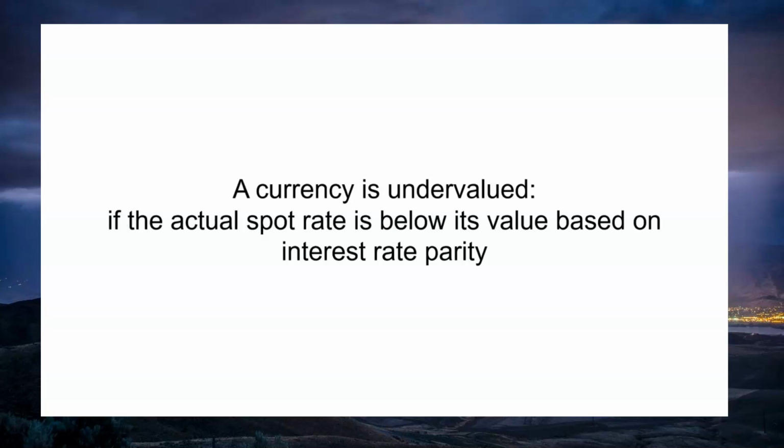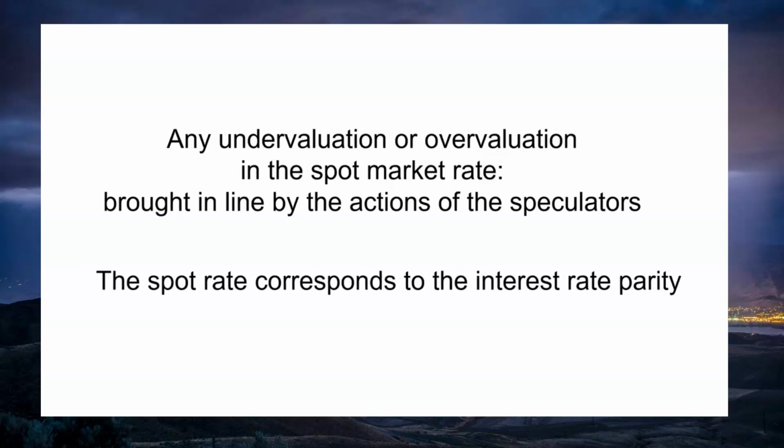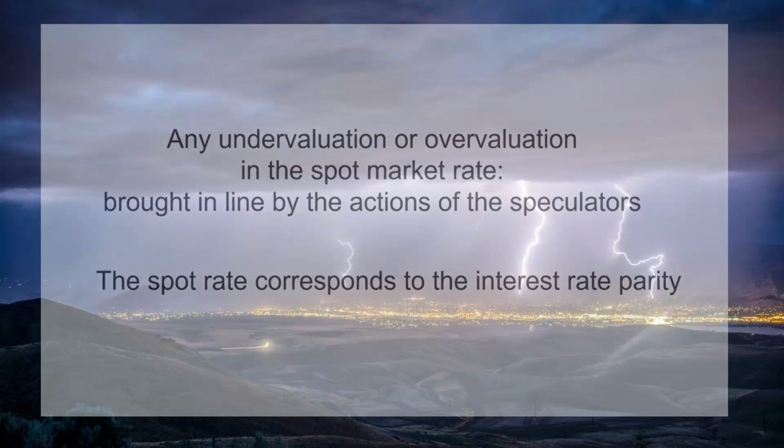Since futures contracts are theoretically priced using interest rate parity conditions, any undervaluation or overvaluation in the spot market rate will be brought in line by the actions of the speculators so that the spot rate corresponds to its value based on interest rate parity.